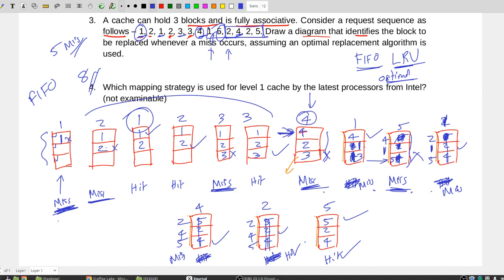Instead of looking at when it was used, or when it came in, you look at how frequently it was accessed in the past. So every time a block is used, you increase a certain counter associated with that block, and the block with the lowest count will be the one which will be replaced. Okay, because that was the one which was least frequently used.